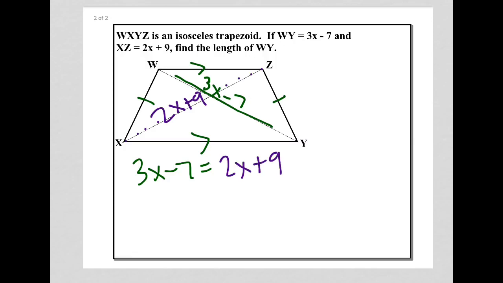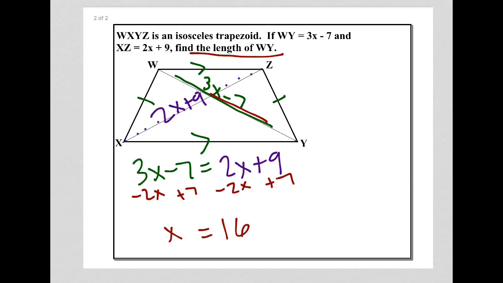Okay, so then we can solve for x, and ultimately we want to find the length of WY, this diagonal, but in terms of just a number, not x. So if we take 2x away from both sides, we get x over here. If we add 7 to both sides, we get x is 16. That's great, but we are not done yet.